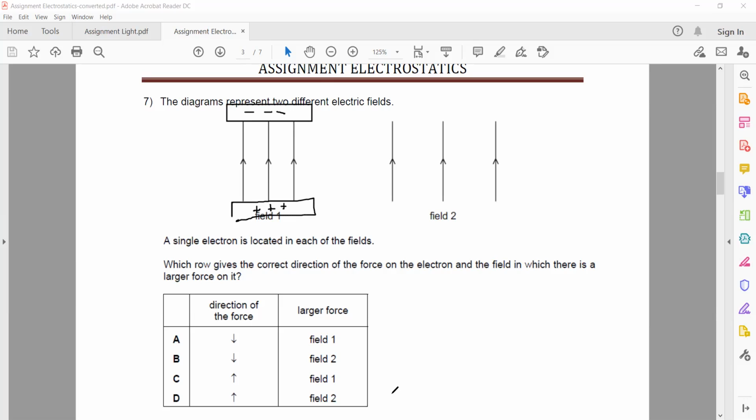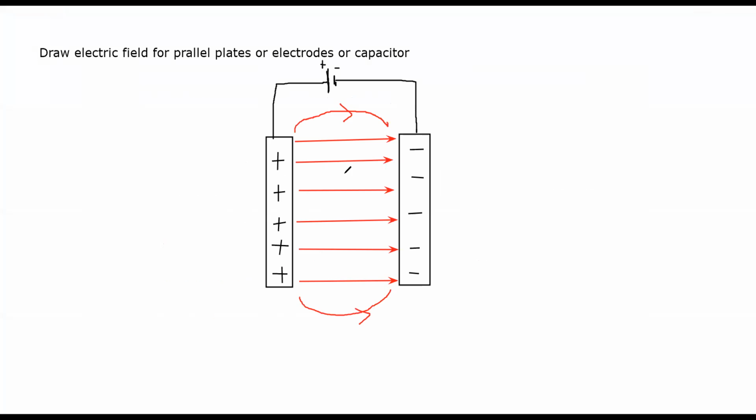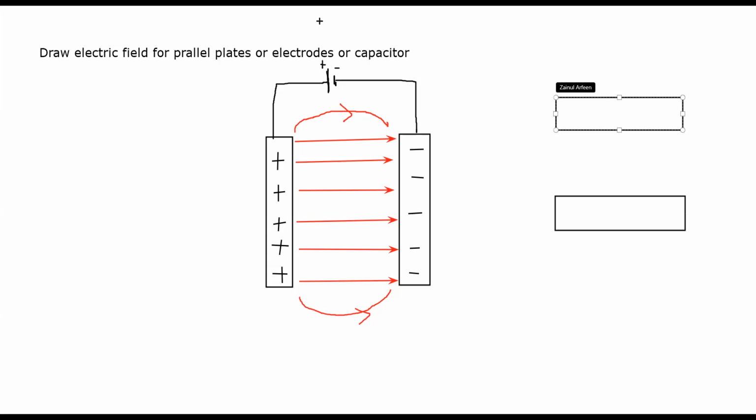This is similar to the one I drew. So it's a parallel one. Instead of drawing in a vertical plane, you can draw in this manner. So you have positive and negative, and the field lines are parallel to each other. It shows it's because of plates. That's why the field lines are parallel to each other.